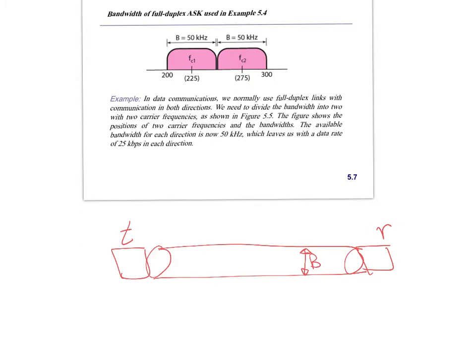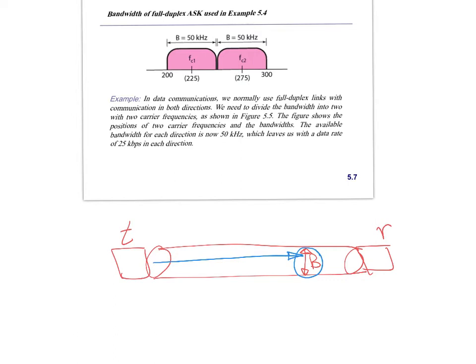We can either have half duplex communication, meaning the communication is going in one direction, so we always have one acting as transmitter and the other as receiver. In that case, I can use the entire bandwidth for the transmission in one direction, and this is what we did for the previous example.